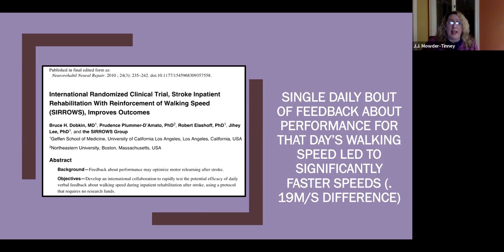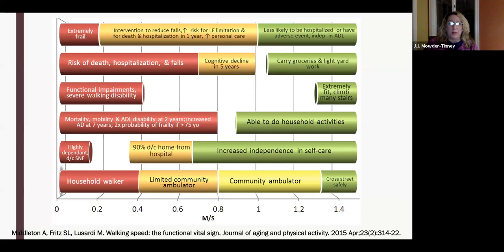So hence the tables that I showed you before, the tables for circuits of how many reps, or anything external. Gait speed is one of my favorites. If you don't have this chart, email me, because I'm happy to send you the PowerPoint, since Middleton, Fritz, and Lusardi gave me approval to give that PowerPoint out.